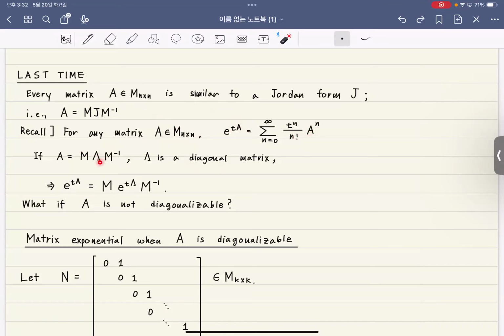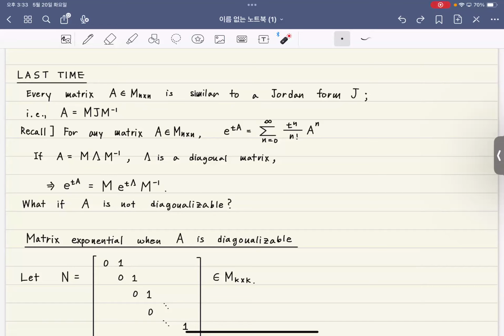If A allows a diagonalization, in other words, if A is M times Lambda times M inverse, where Lambda is the n by n diagonal matrix, then the matrix exponential is M times e^(tLambda) times M inverse. Here e^(tLambda) is another diagonal matrix whose diagonals are nothing but the exponential of t times the eigenvalues of A.